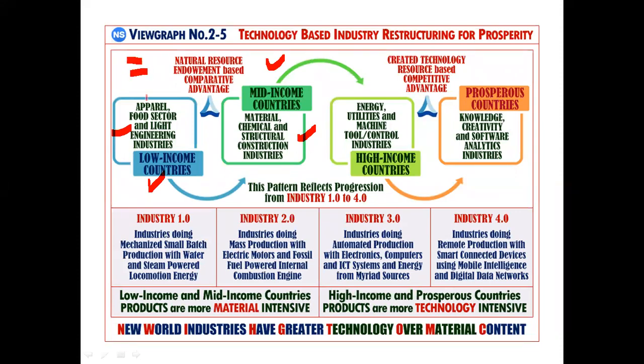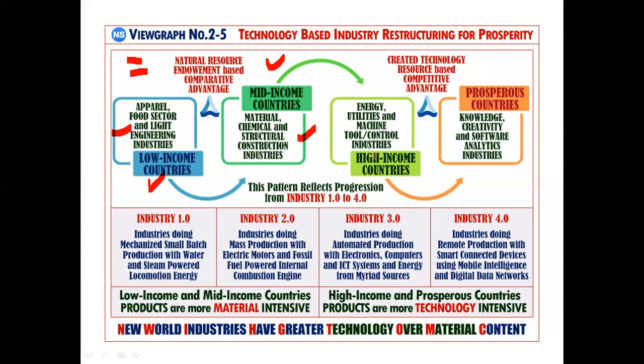For these two types of economies, the competitive advantage is material resource endowment-based. Remember I said products can be material intensive or technology intensive. Because the products that we produce in low-income and mid-income economies are material intensive, natural resource endowment-based competitive advantage is important.